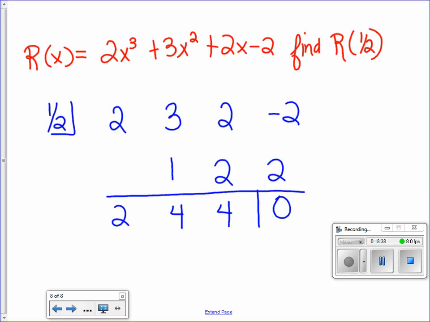So if 1/2 gave me a remainder of 0, then what's the factor? Right, x minus 1/2 is a factor. So the zero and the factor always have to change signs. Okay? Now, you were just looking for the remainder. This happened to be a factor.